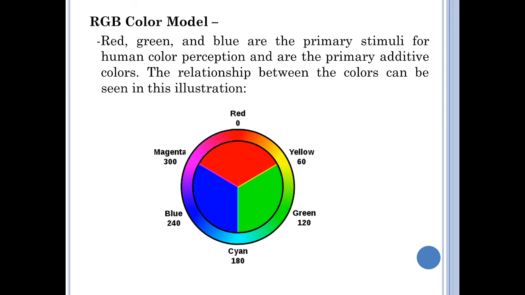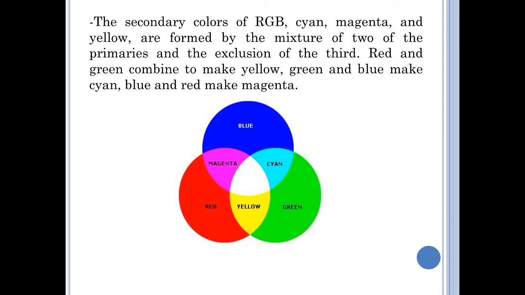For example, to create yellow, when we combine a 50% amount of red and a 50% amount of green, we get the yellow color. According to your convenience, you can increase and decrease the amounts of these primary colors red, green, and blue, and create the secondary colors.